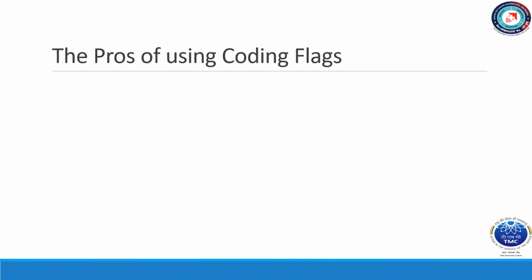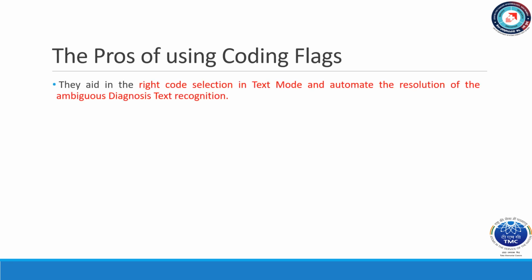Lastly, let's have a look at the list of pros of using coding flags. They aid in the right code selection in text mode and automate the resolution of ambiguous diagnosis text recognition. They expedite the process of code generation in text mode.